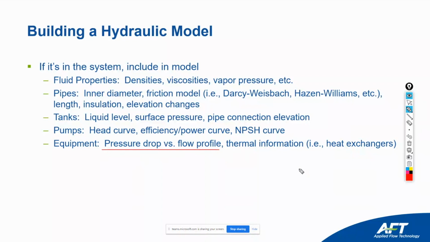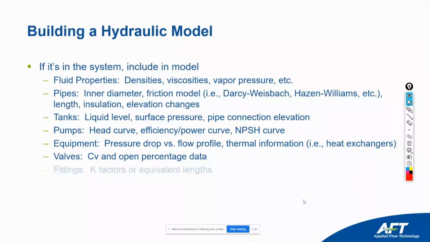So keeping it simple will help you get a quality flow analysis. Valves, you can include your CVs or K factors, open percentage data. And then, of course, don't forget to include your fittings. K factors or equivalent lengths can be modeled to include all of your minor losses.